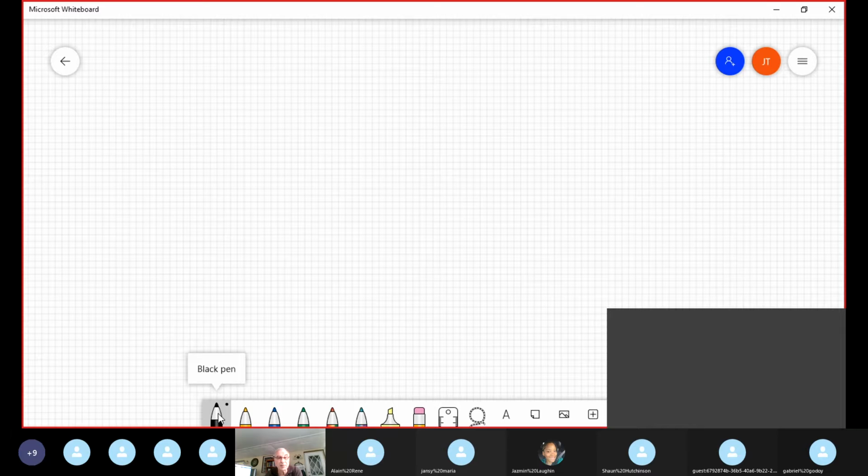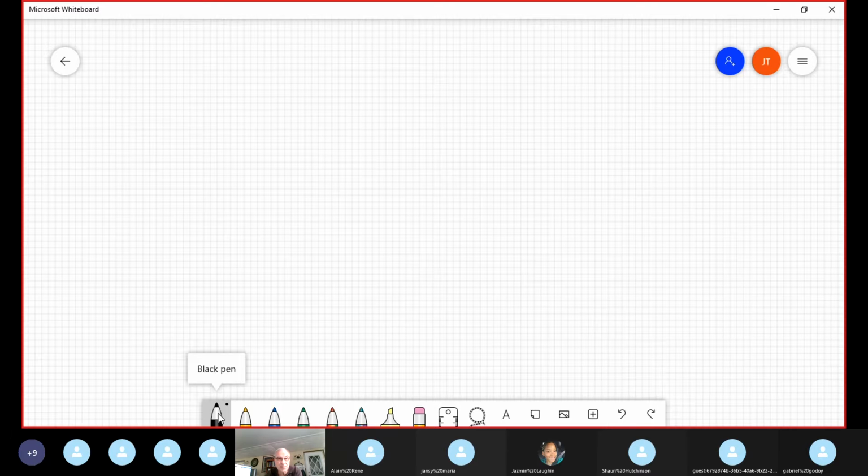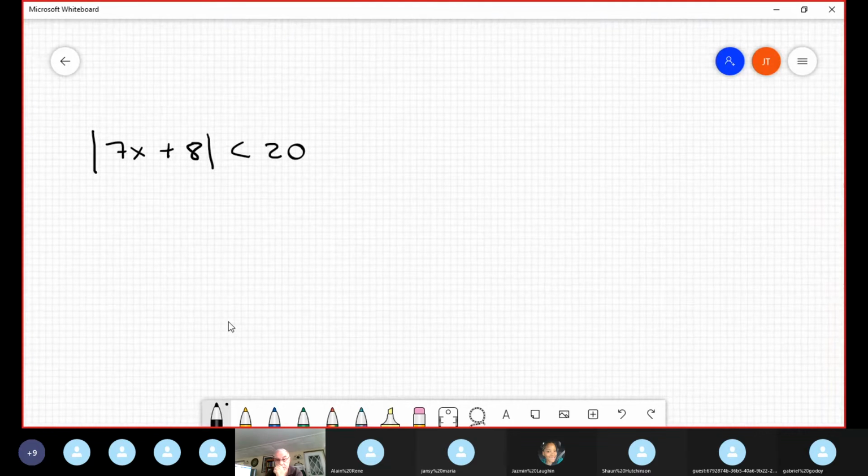Okay, let me try to explain the key idea behind this. You have absolute value of 7x plus 8 less than 20. How do we interpret this inequality? We interpret this inequality like one compound inequality. This is equivalent to, this is the symbol in mathematics to say equivalent.